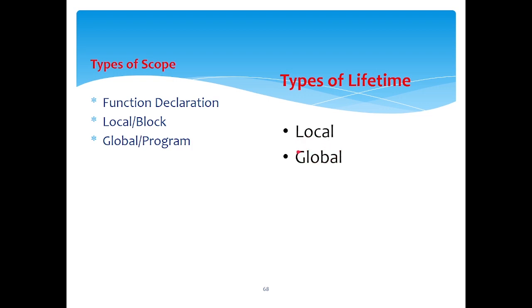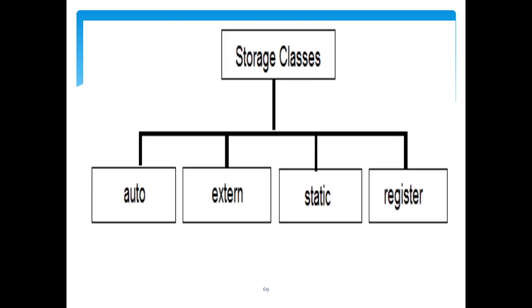Global is nothing but its accessibility is throughout the program, or throughout the code which you have written. Throughout the main method, you can tell it like that. That is the difference between local and global, which are very important terms.